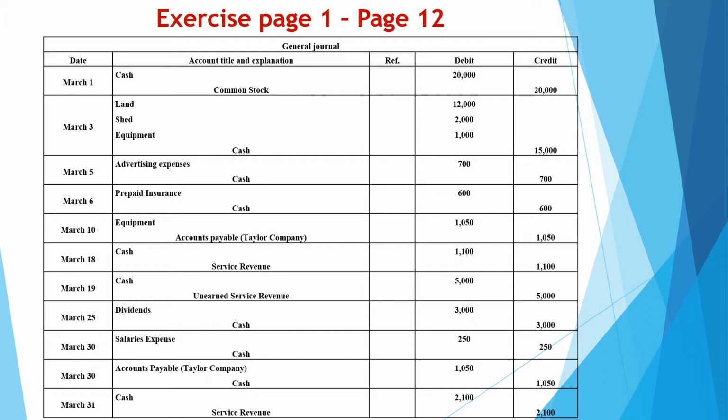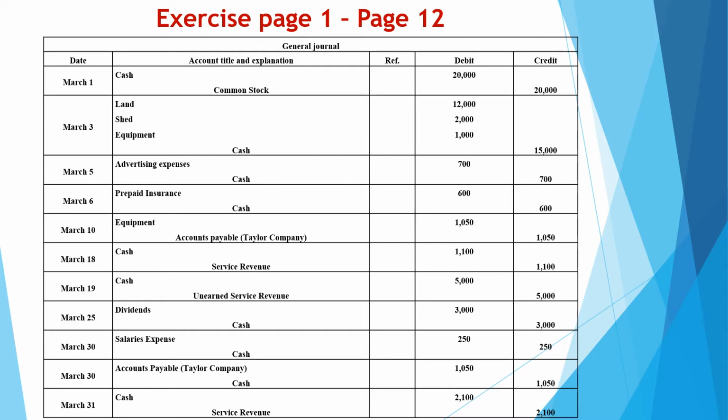On March 6th, paid cash 600 for a 1-year insurance policy. In this case, we are purchasing a 1-year insurance policy. Since the insurance policy is for 1 year, it is paid in advance. So it is considered prepaid insurance and not insurance expense.